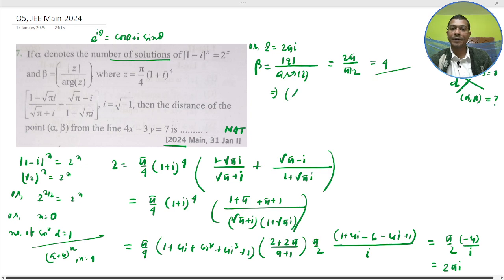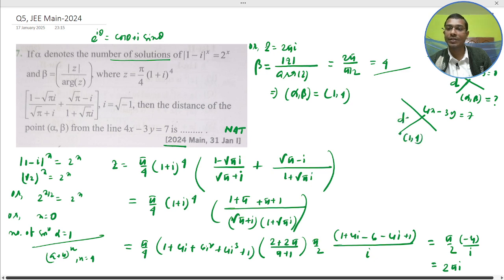So alpha beta here is (1, 4), and we now find the coordinate of alpha beta (1, 4). And after that you have to find the distance from the line 4x minus 3y equal to 7 to the point (1, 4), which you do in your straight line chapter.